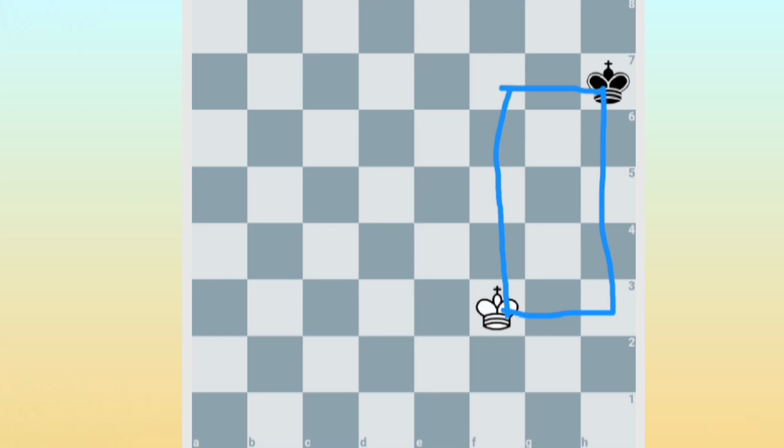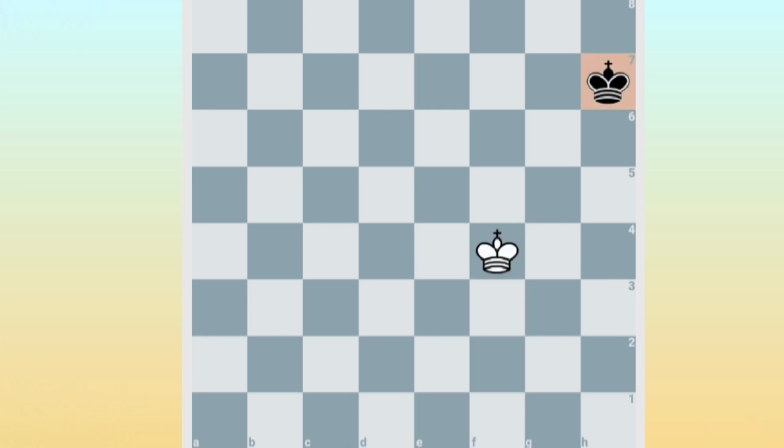So opposition is in the hands of the black king, but the white king ignores this and moves the king forward to f4. Now if the black king again tries to get the opposition, he will move to h6, but now he can't stop the white king from reaching his target squares.